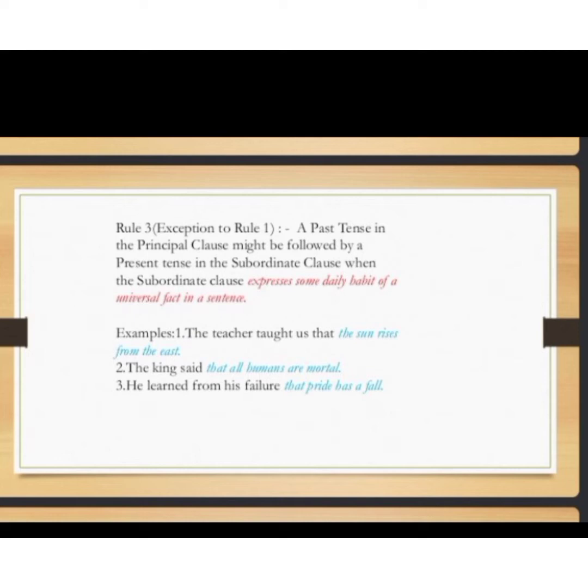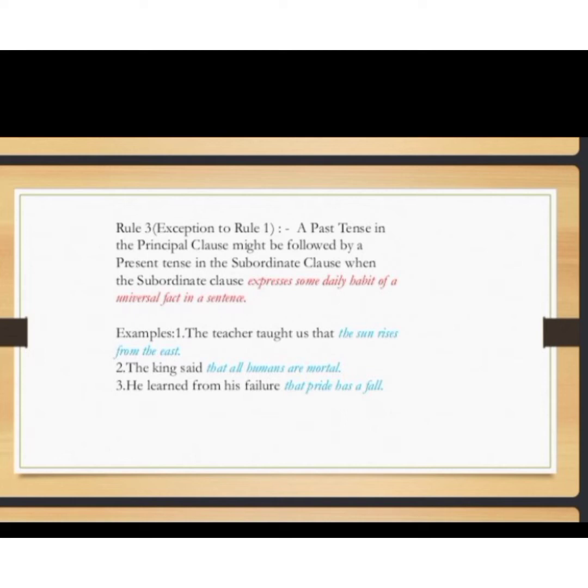Like here the example is given. "The teacher taught us that the sun rises from the east." Okay, "the sun rises from the east" is a universal fact, and we have to express it in present tense only. "The king said that all humans are mortal."